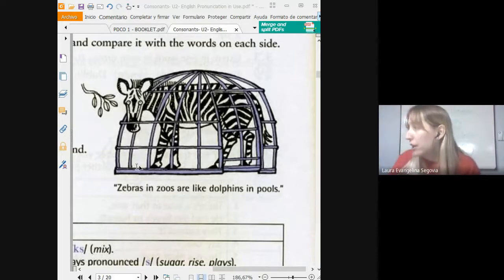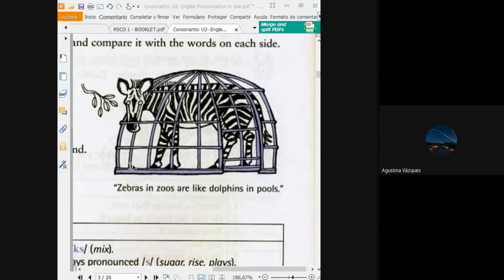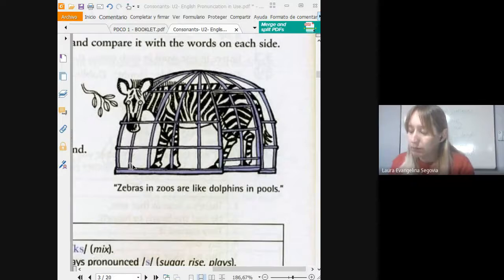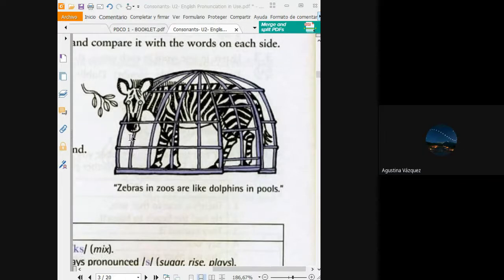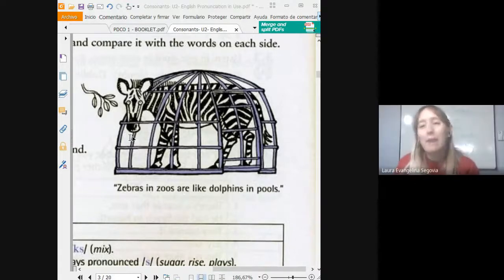Okay, Agus, your turn. Thank you, Thomas. Zebras in zoos are like dolphins in pools. Pools. Okay. Again, one more time. Zebras in zoos are like dolphins in pools. Dolphins in pools. One more time. I am Britney Spears.